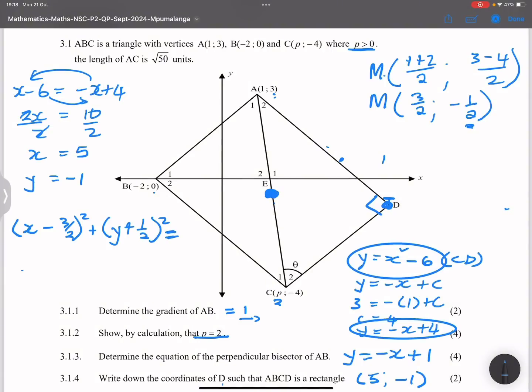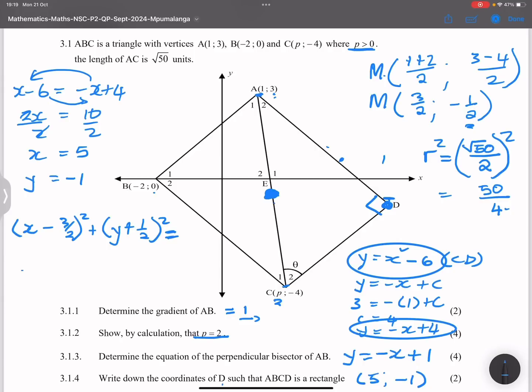Now let's find out the length of AC. It's square root 50, but I know that my radius is half the diameter. So half of root 50, I'd say square root 50 divided by 2. But remember, we always say r squared in this case. So if I say r squared, that would be 50 over 4.